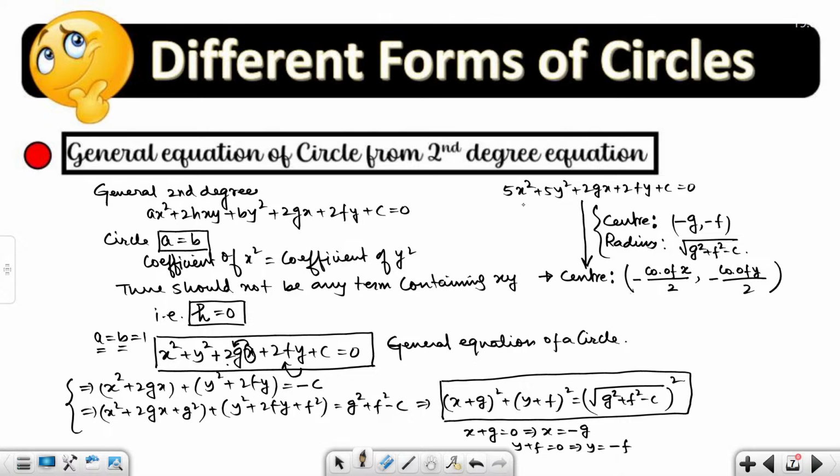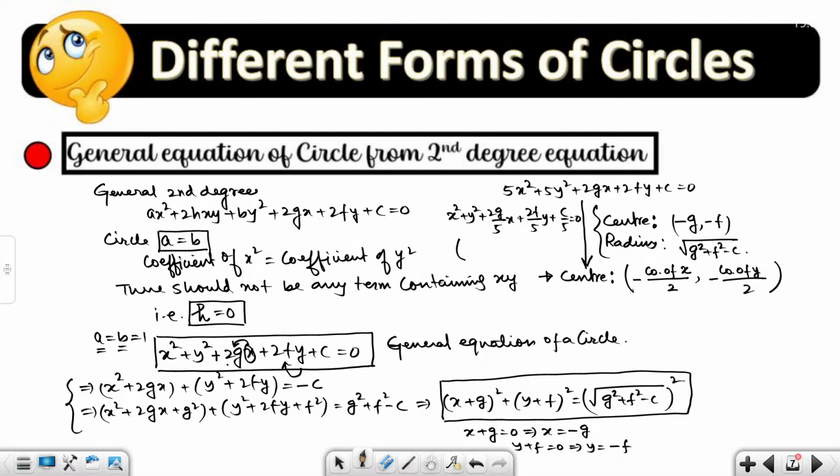So what I'm doing here is simply dividing by 5. If I divide both sides of the equation by 5, we are going to have this. Now you can predict its center.